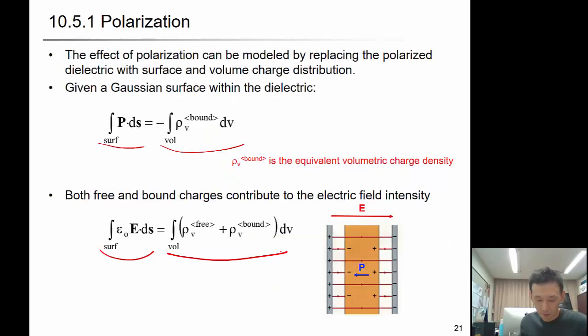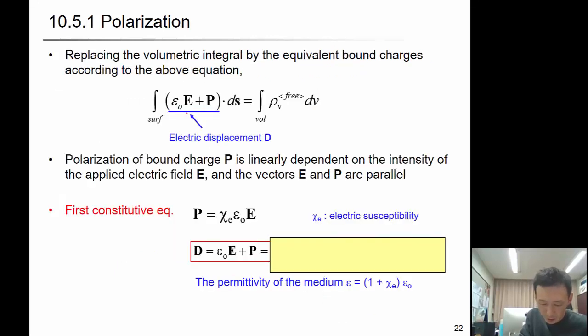So then this part in this equation is rho P ds, right? So inside this integration, the area integration becomes epsilon naught times E plus P, and this will be the whole electric displacement D.